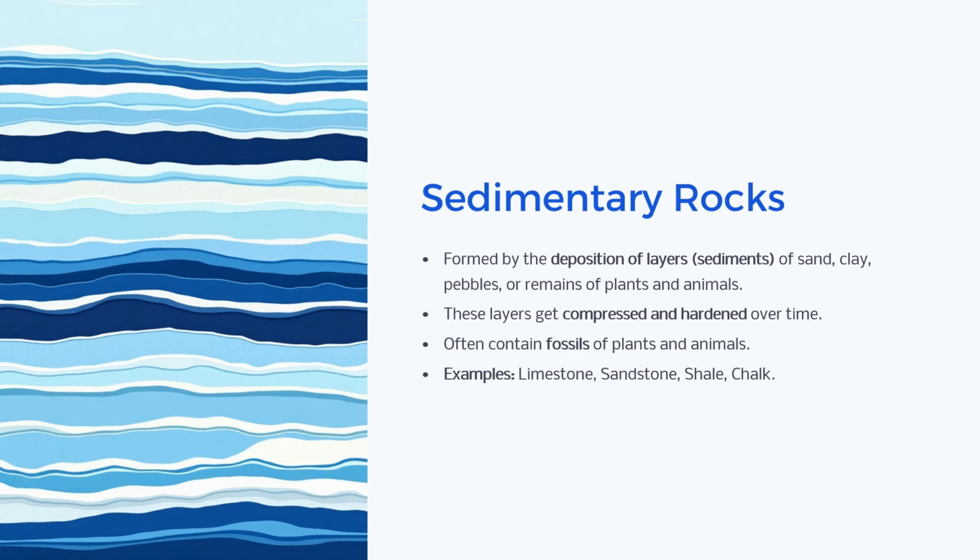Then comes limestone, made from shells and remains of sea creatures, and these shells are used in making cement. Next is shale. Shale is made from clay and used to make bricks and tiles.